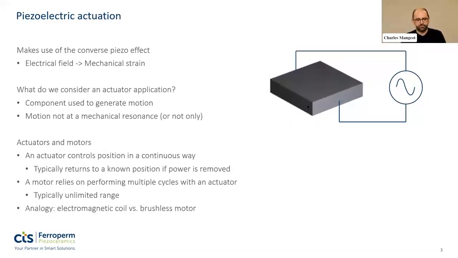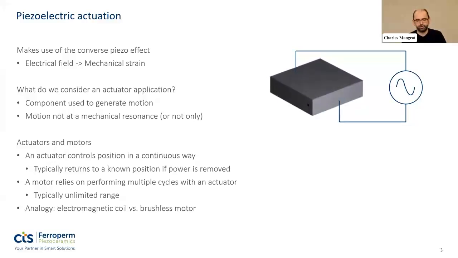All right, so piezoelectric actuation, what do we mean by actuation? We use the converse piezo effect. If you've attended one of our previous webinars, you're familiar with that. This is the relationship between an electrical field and mechanical strain. By applying an electrical field, we generate a strain or a displacement or a force or a combination of those.